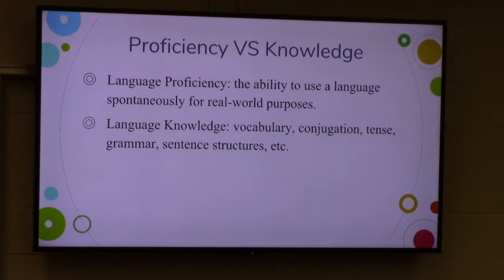This proficiency interview is not testing knowledge. It's not testing grammar, or how much vocabulary the learner knows. It tests proficiency: how a learner can communicate in real life situations, how a learner can carry on a conversation.